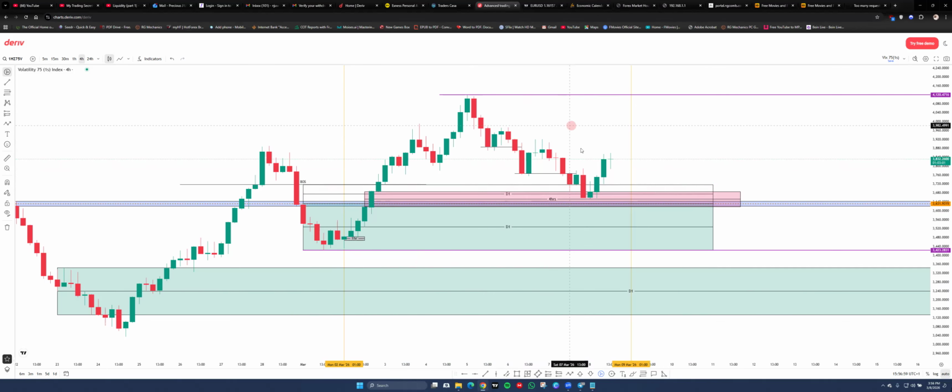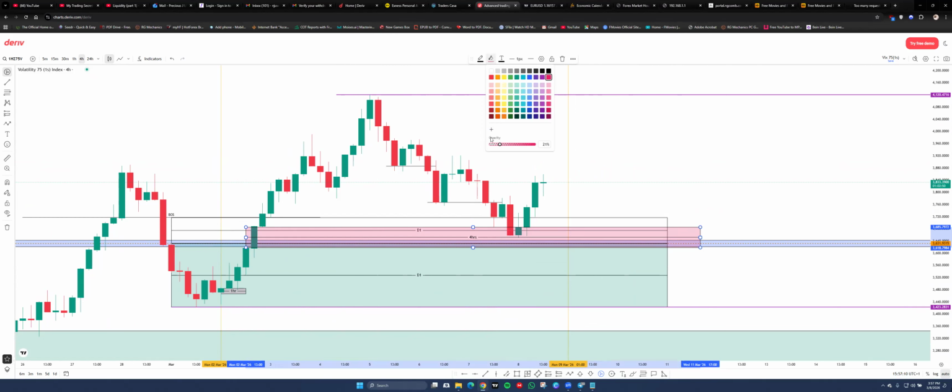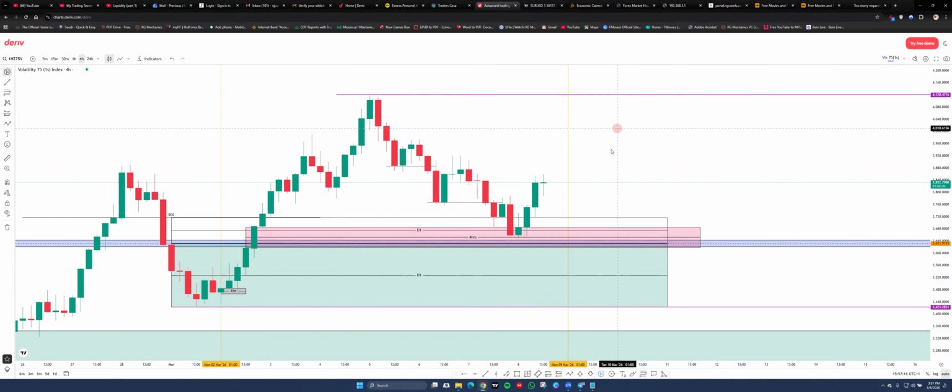Yes. So the daily fair value gap is transparent. The 4 hours fair value gap is pinkish. This is the 4 hours fair value gap here. Let me increase the pink so you see it well. Yes. So this is the 4 hours fair value gap, right? So it just tapped in on that point and it shoots up.